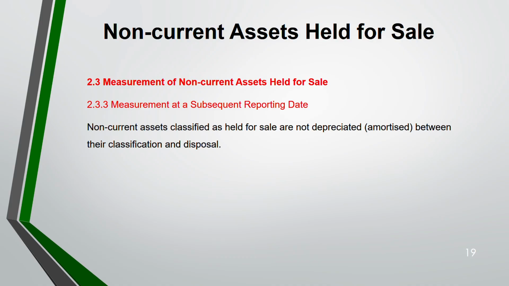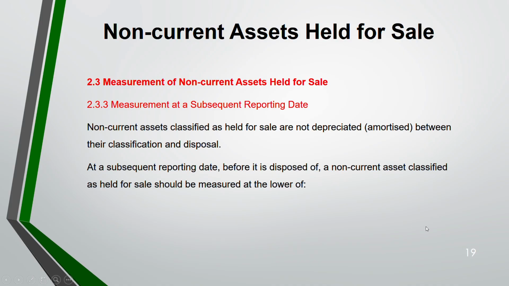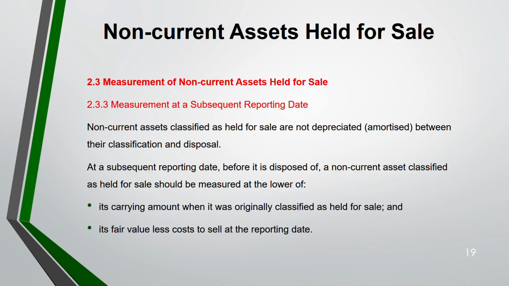It becomes a current asset now because you are going to sell it. So you can't depreciate it, nor can you amortize it between classification and disposal. No amortization, no depreciation. At subsequent reporting date, before you dispose of it, a non-current asset classified as held for sale again will be measured at the lower of its carrying amount and fair value less cost to sell.